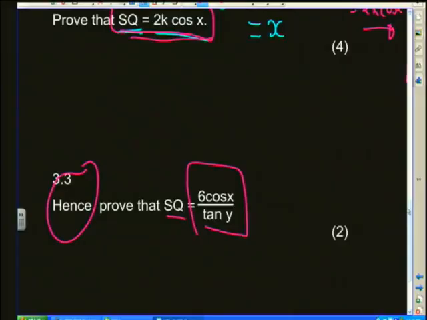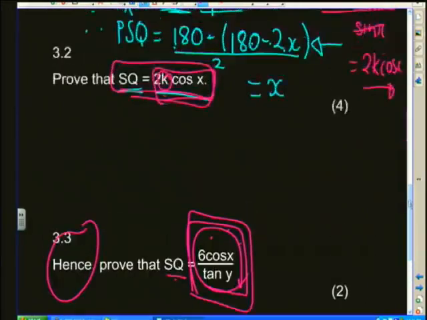Now, if you look at what they want you to prove, SQ is 6 cos x over tan y, how do we approach that? Well, what I would do is compare this to what we've done in the previous question, and I see immediately that what's missing is this k. So that tells me straight away that I need to get rid of this k, and I need to find the value of k so that I can then make a substitution and get what they want.